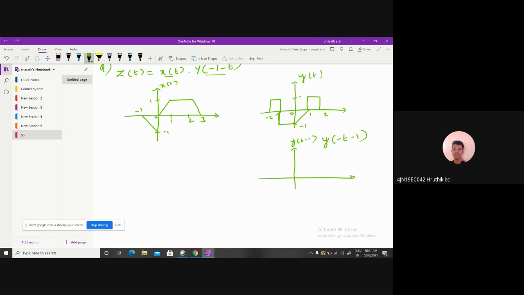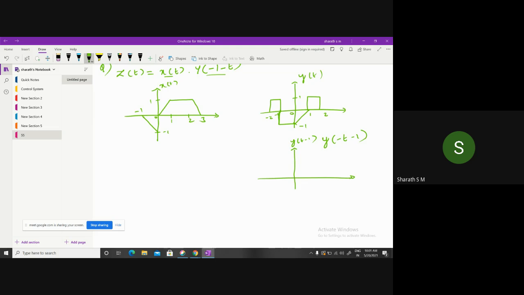Minus 3? Right side means plus 3. So the signal starts from minus 2 or minus 1? Minus 1. Signal starts from minus 1.